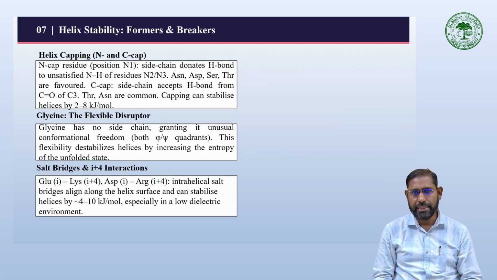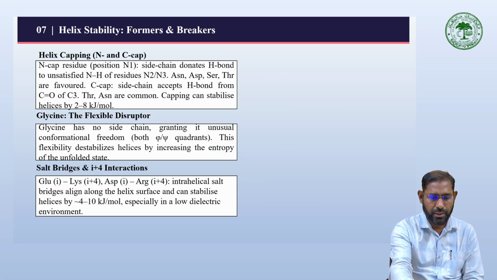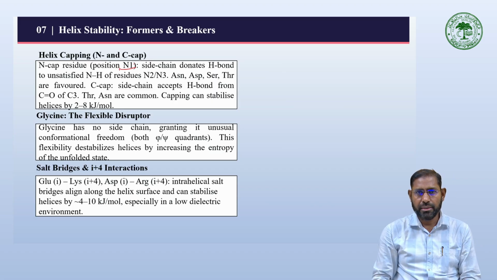Now, helix stability means how the helix gains stability. There are formers and also breakers. Then helix capping has an N cap and a C cap. What are the N cap and C cap? The N cap residue is at position N1. The side chain donates an H bond to the unsatisfied NH of residues N2 and N3; asparagine, aspartic acid, serine, and threonine are favored.